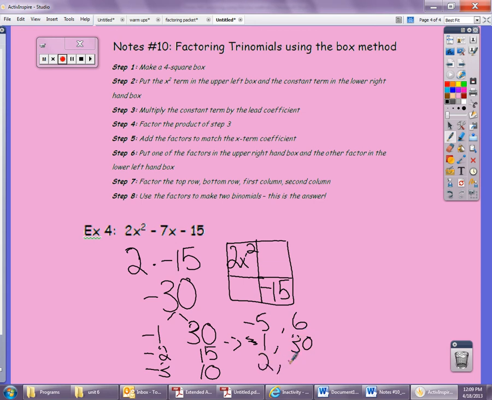2 and negative 15. 3 and negative 10. And 5 and negative 6.